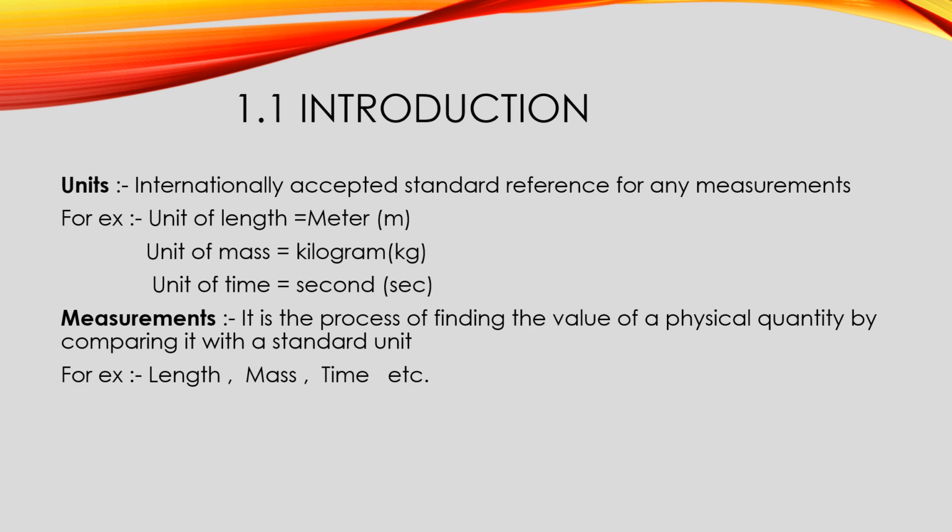In each case, we are using both number and unit. If we write only a number without a unit, the measurement is incomplete and has no proper meaning. For example, if we say length is 5, it is not clear whether it is meter or centimeter. So unit is very important. So we can say a unit is a standard used for measurement, and measurement is the process of expressing a quantity with a number and a unit.